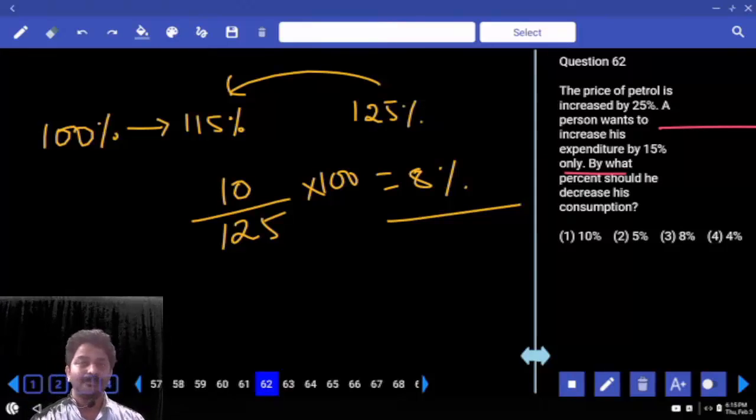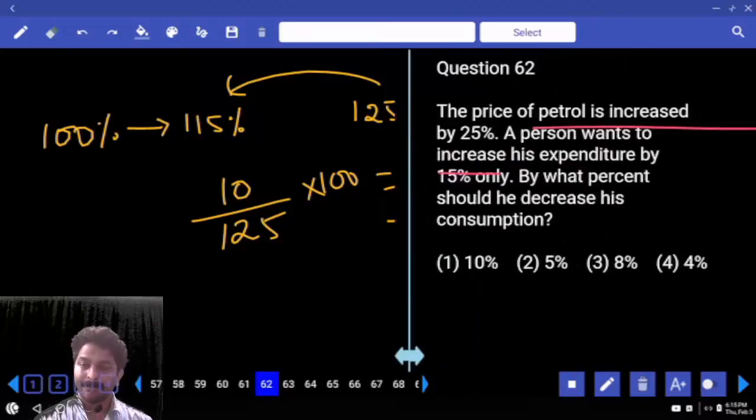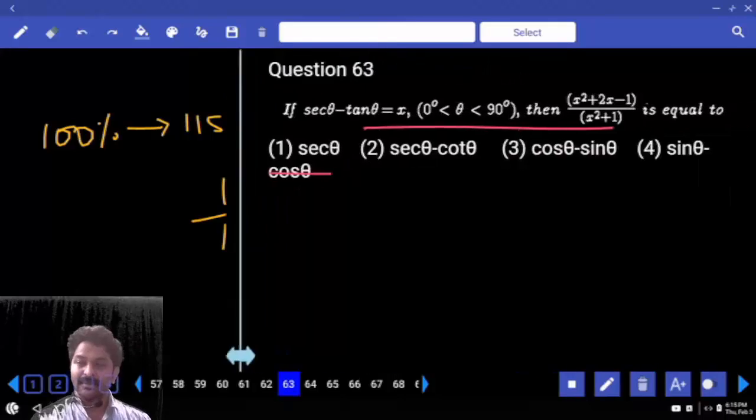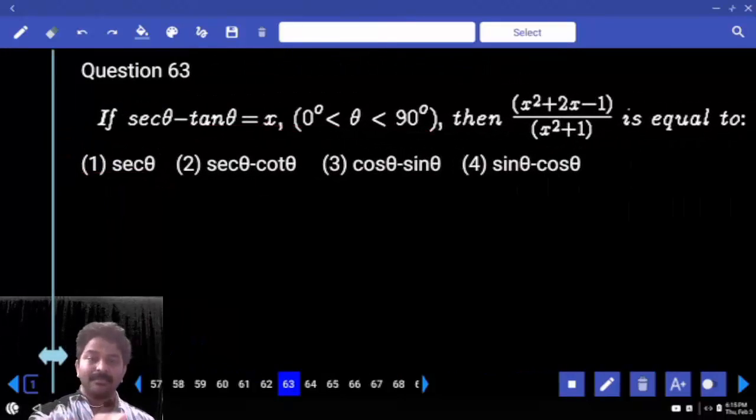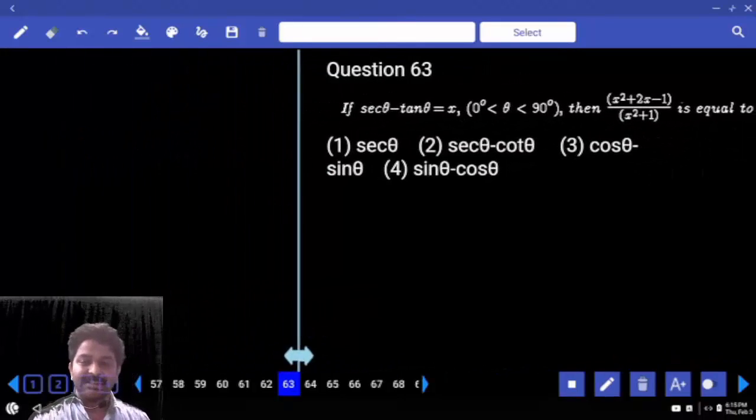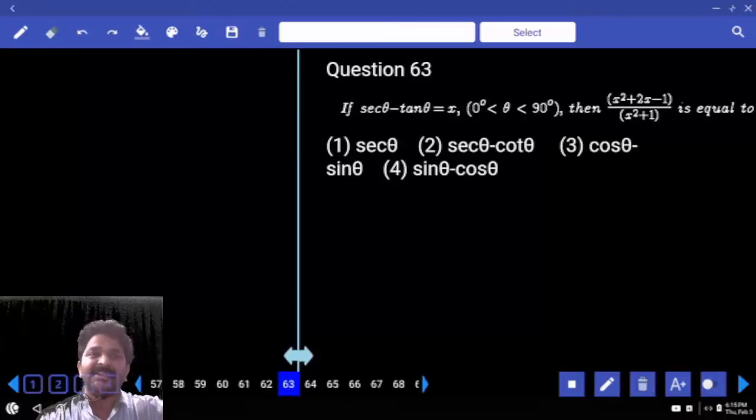Okay, now next. Secant theta, tan theta. What is the relation between secant theta and tan theta that you have? Secant square theta minus tan square theta is equal to a square minus b square. In the sense we can also write it as a plus b into a minus b.